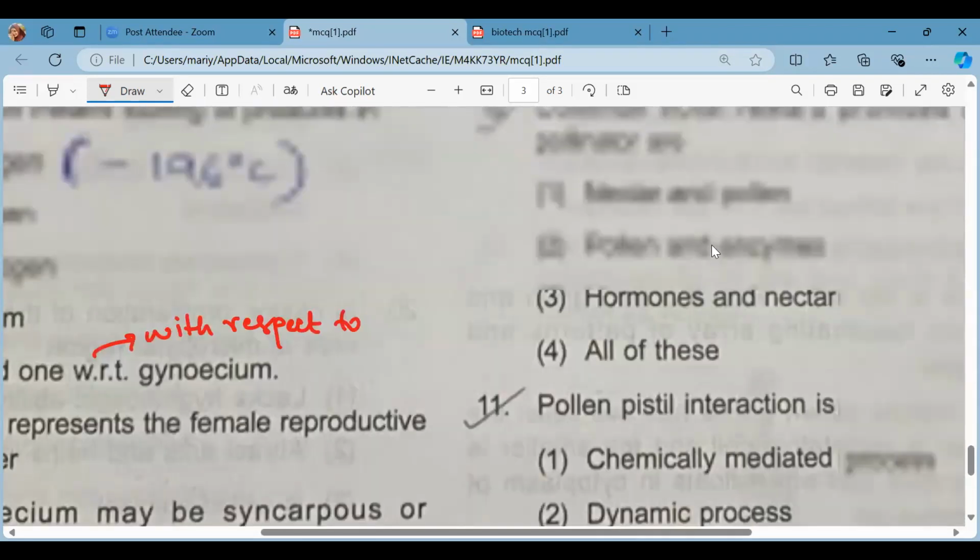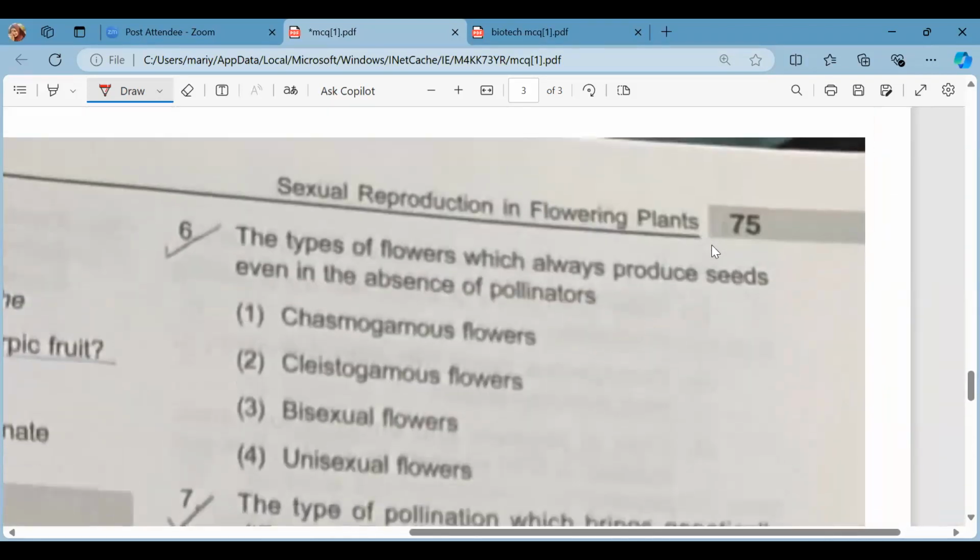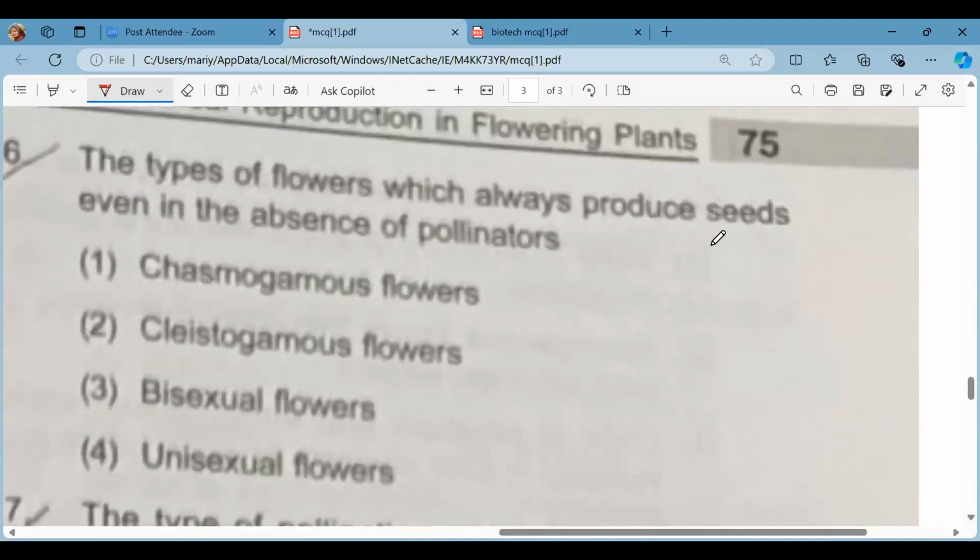All right, this one I've already attempted. The type of flowers which always produce seeds even in the absence of pollinators. Ma'am, what does cleistogamous mean again?